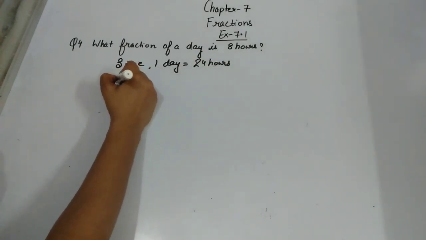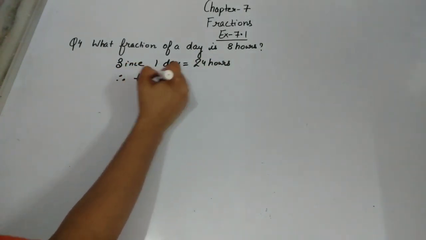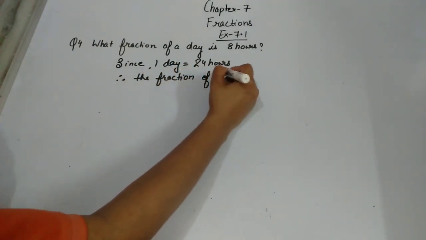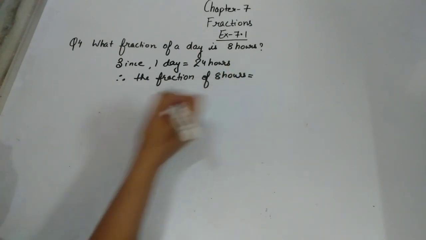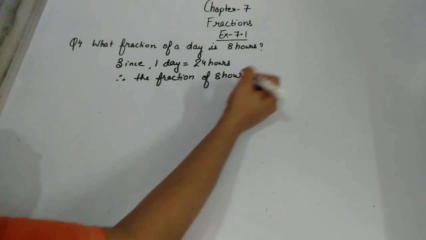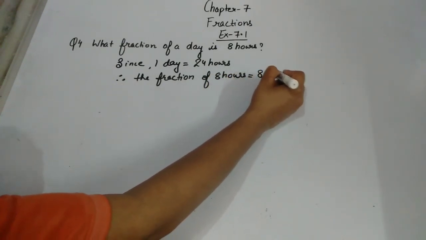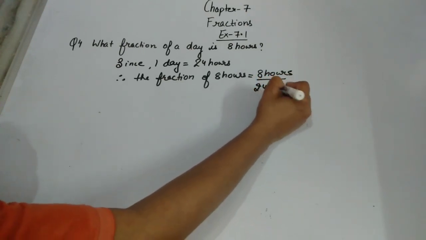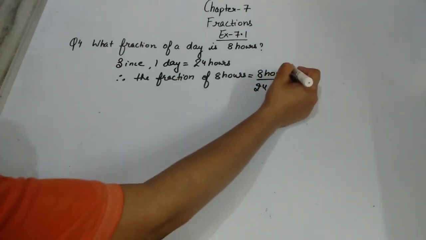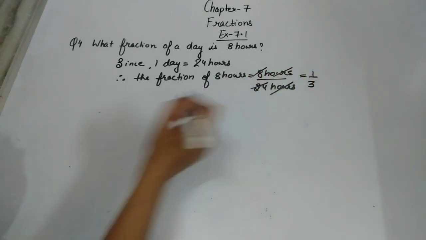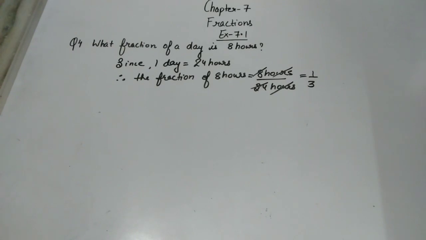So therefore, for the fraction of 8 hours, in the denominator you will write the total hours, and the quantity whose fraction you have to find you will write in the numerator. So 8 hours upon 24 hours, the hours get cancelled, 8 3s are 24, and you will get 1 by 3. So there is no unit of the fraction.